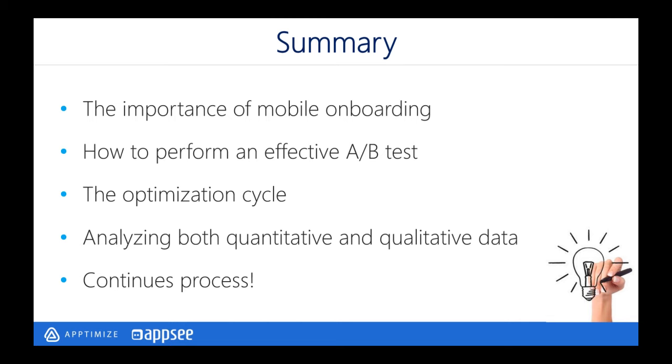We went over the complete optimization cycle and demonstrated the importance of user experience analytics and A/B testing platforms to deliver a change that is beneficial to the users. And we've learned that analyzing both quantitative and qualitative data is important during the optimization cycle. Again, this is a continuous process that is continuously evolving.